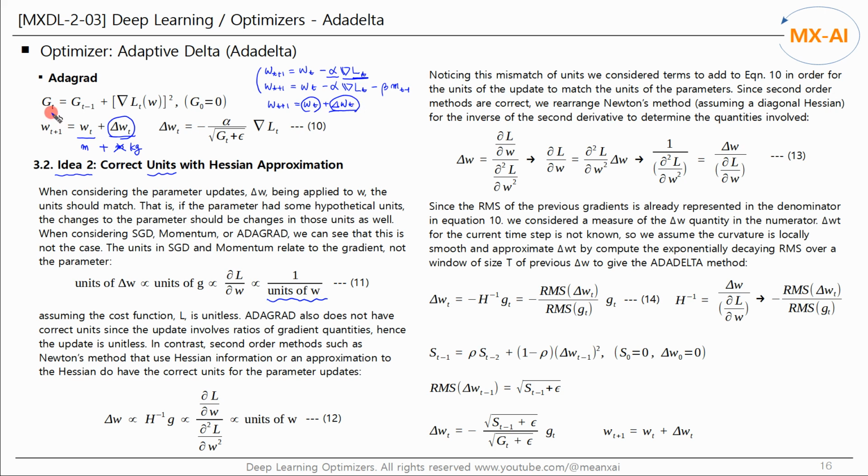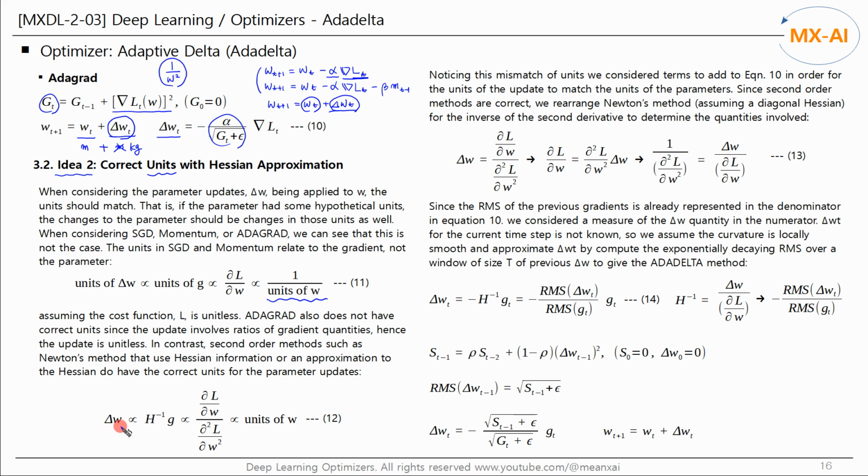For Adagrad, the units of G are the units of the squared gradient of L, which is the reciprocal of the units of W squared. Therefore, the units of this part are the units of W, and delta W has no units.